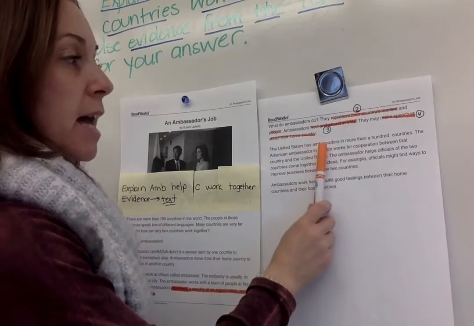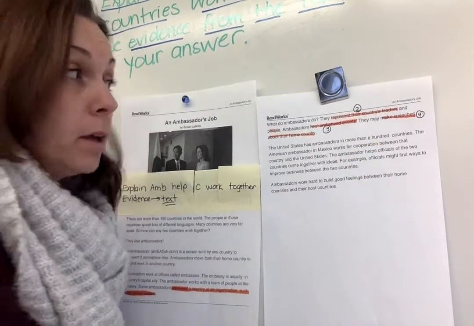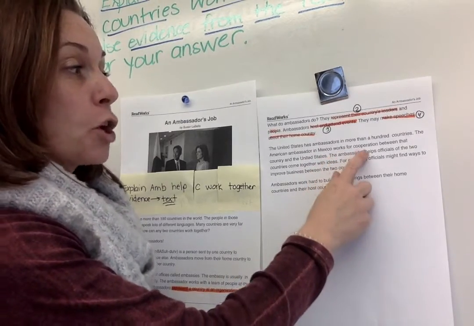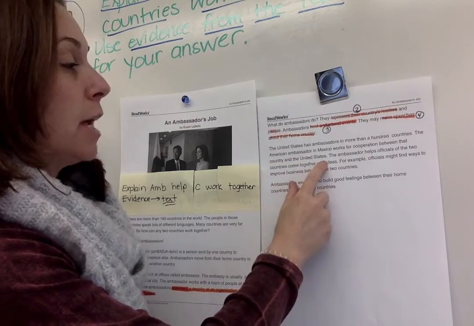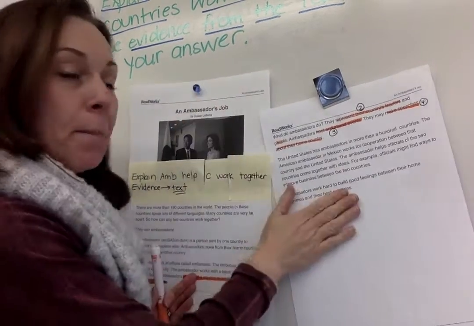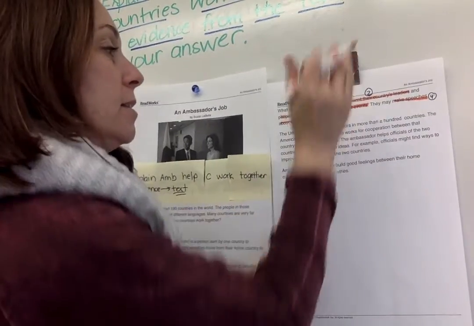The United States has ambassadors in more than 100 countries. Whoa! The American ambassador in Mexico works for cooperation between that country and the United States. Oh boy, working together, cooperation, it means the same thing. That's definitely some evidence.